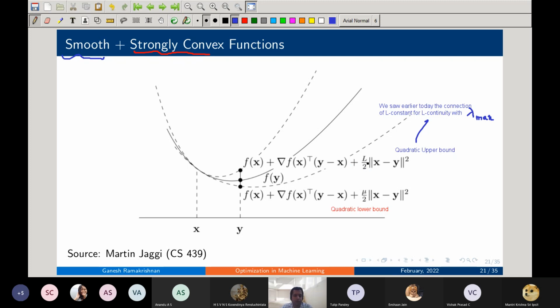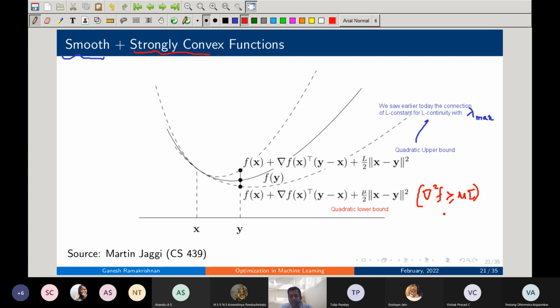Now I can give you a hint: when you start looking at a quadratic lower bound, you'll be dealing not with the max but with the min. Okay, because you're looking at the minimum curvature. Also, you all know that this is related to the Hessian, right? The previous one was also related to the Hessian.